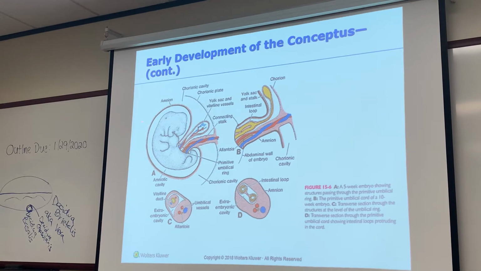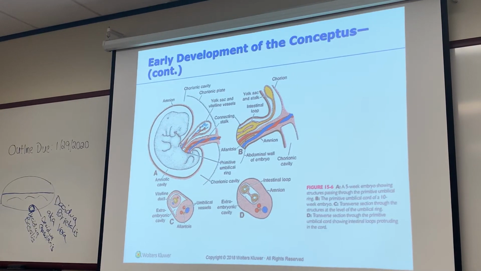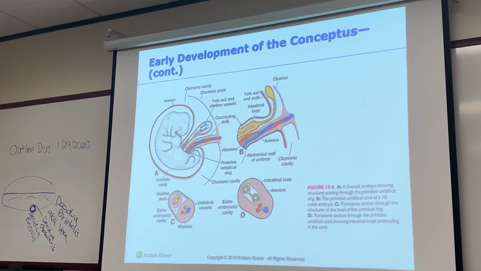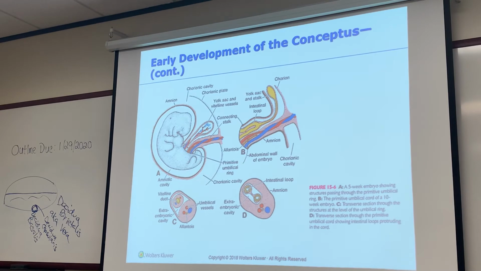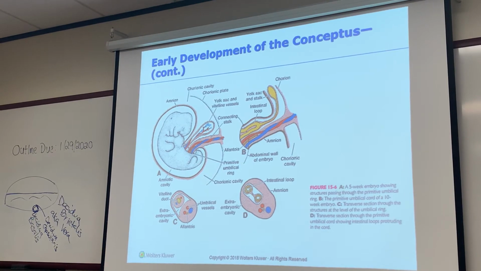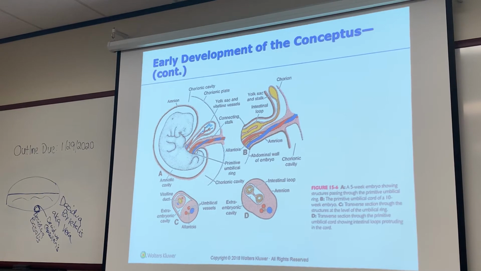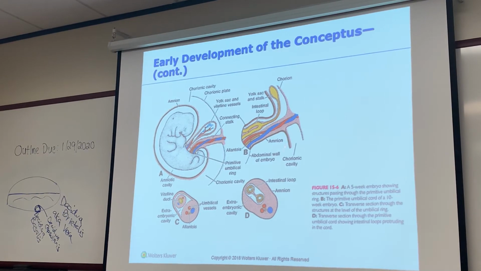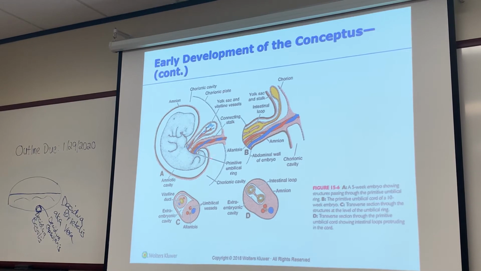Okay, now I have a connecting stalk. My arteries and my vein are just forming. Arteries carry blood away from the baby. Veins carry blood to the baby. Here's the amnion. What does the amnion do? It covers the baby.